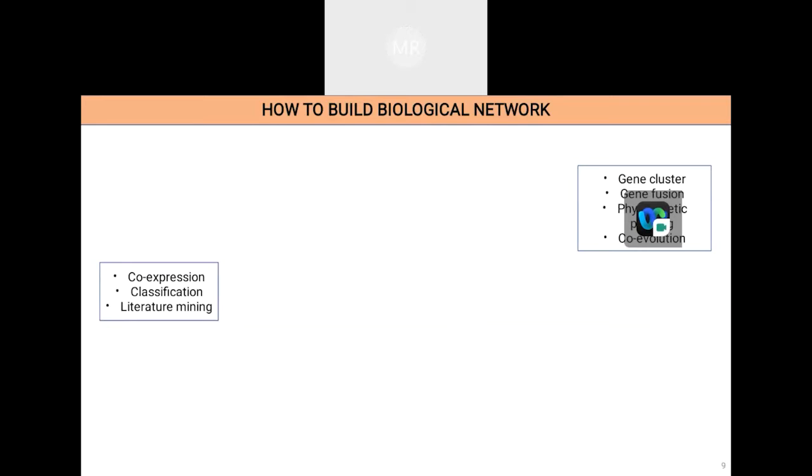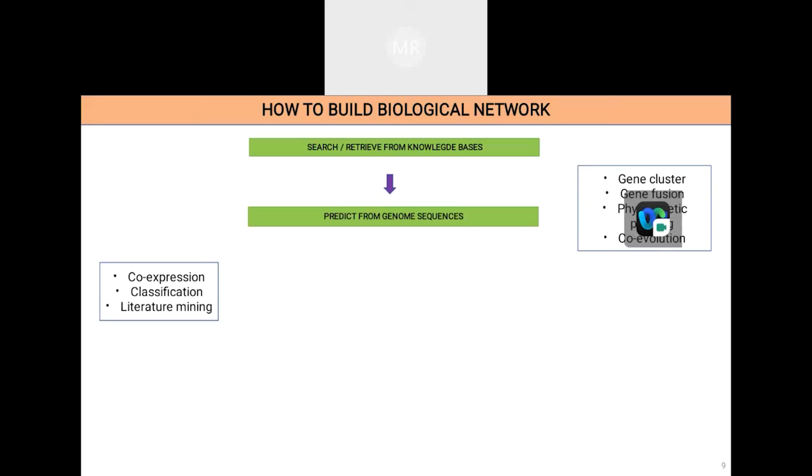How to build a biological network? First of all, we have to search and retrieve the knowledge base from the database. It could be DAVID, it could be GEO, it could be NCBI, it could be any one of the databases. Then we predict from the genome sequence, where we study the gene cluster, gene fusion, physical interaction or co-evolution.